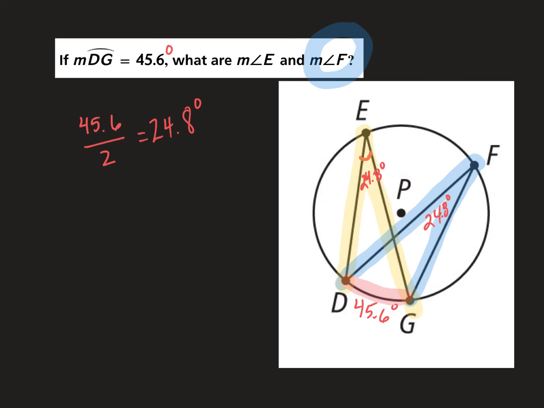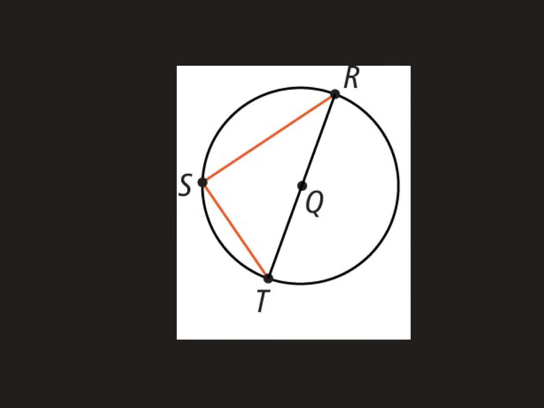Now on this one, we notice that Q is the center of our circle, which makes RT the diameter, which also makes RST half of the circle. So this RST has a special name, it's called a semicircle. RST is a semicircle.